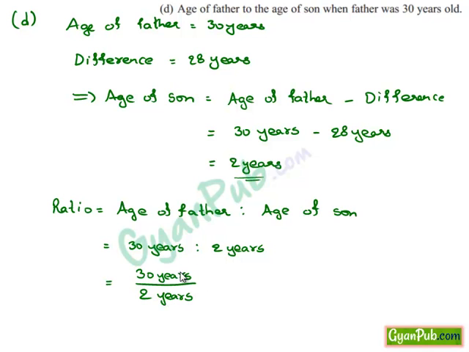Here the units in the numerator and denominator get cancelled, which gives 30 upon 2, and 2 goes in 30 by 15 times, which gives 15 upon 1. Therefore, the required ratio between the age of father and the age of son when the father is 30 years old is 15:1.